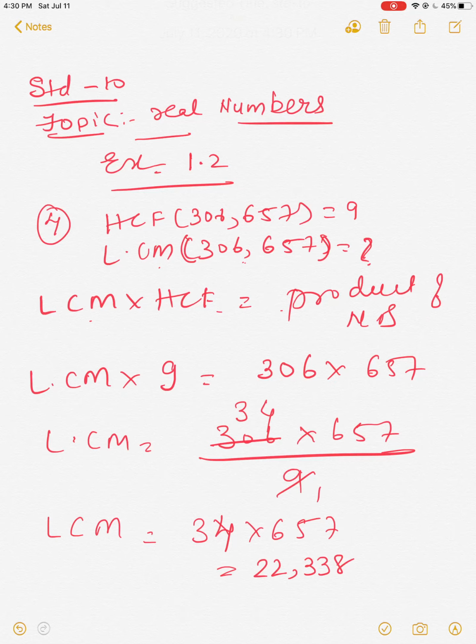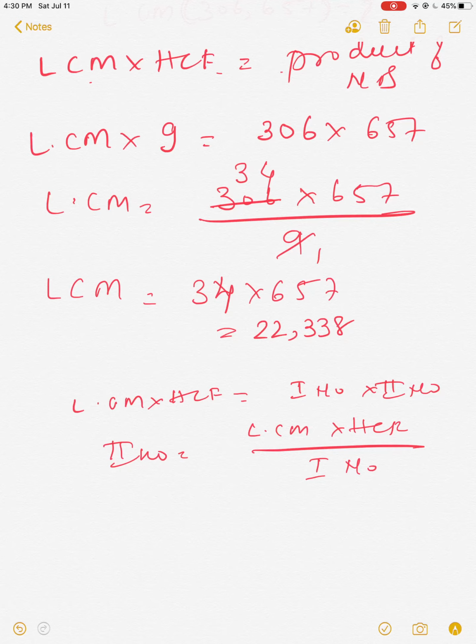Let us see how. LCM into HCF is equal to first number into second number. Now if you want the second number, it is LCM into HCF divided by the first number, and likewise for the first number. Now if we have to find HCF, then first number into second number divided by LCM.